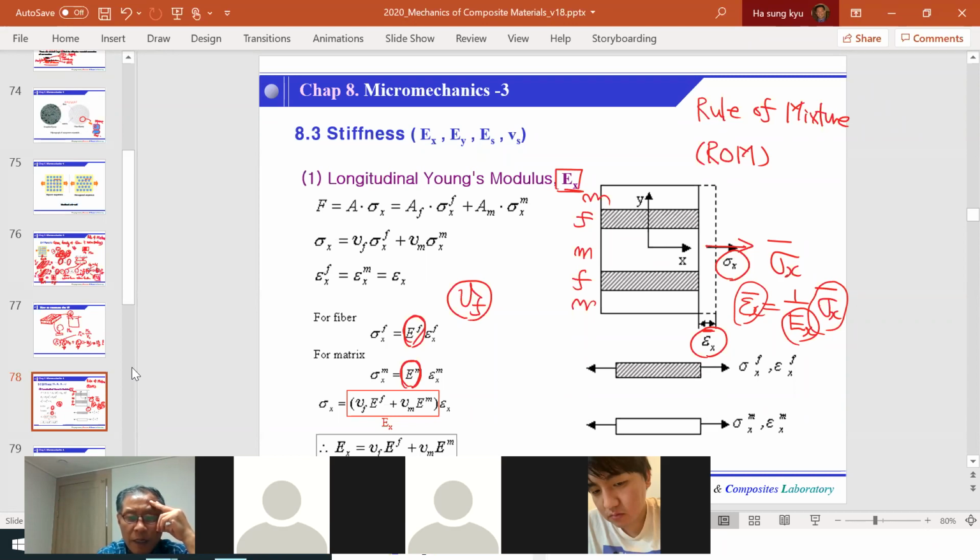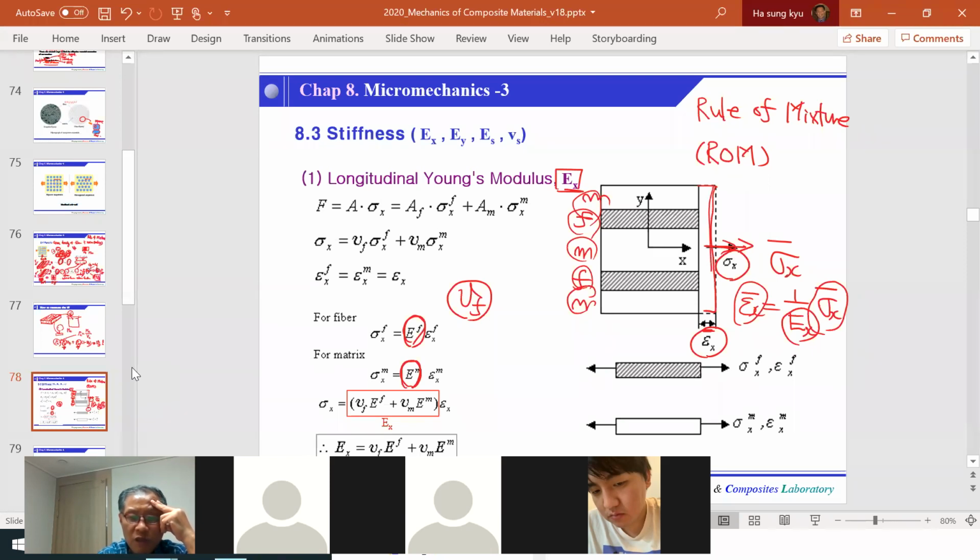So the point is that we apply stresses, but the fiber and resin are all deformed together. They need to deform together, okay? Please, this is the most important observation, the most important phenomenon of composites. In the fiber direction, fiber and resin deform together.